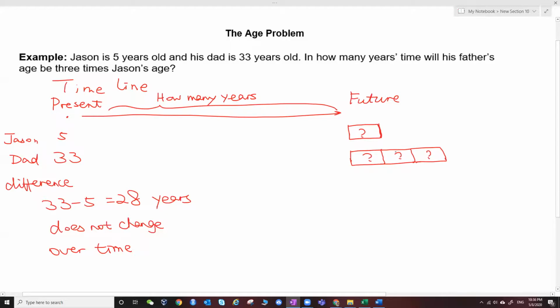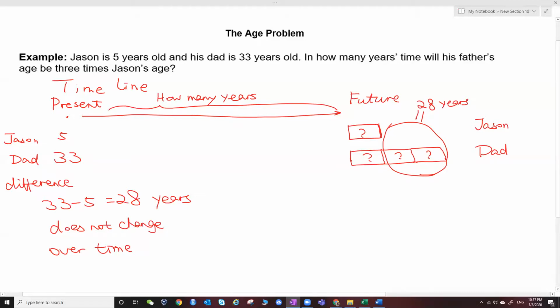And another thing that we know from the present is that Jason's dad is 28 years older than Jason, and that 28 years difference does not change, which means these 2 blocks are equal to 28 years.